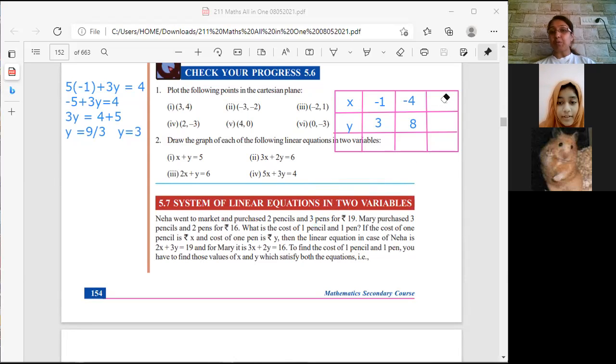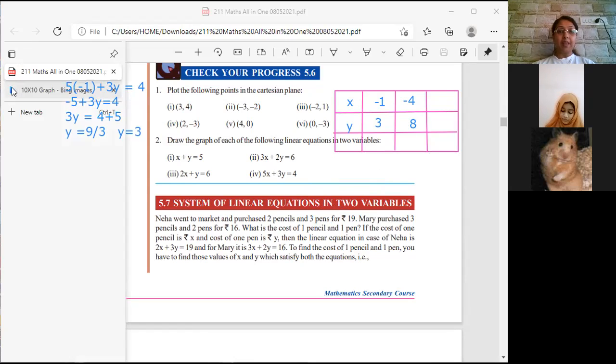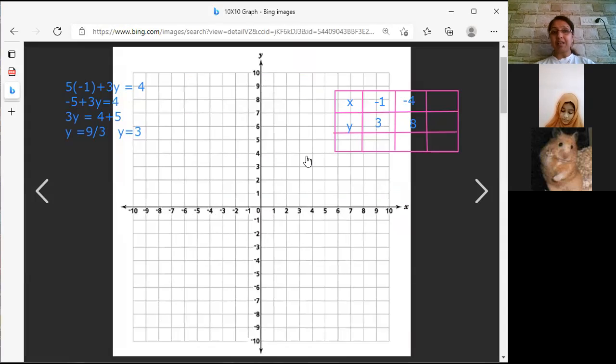Similarly, we will also have to look for one more number. So in case you can get only 2 numbers, then you can draw the line on that basis also. Now, supposing I go to this Cartesian plane here. I have x as minus 1 and 3 as y.